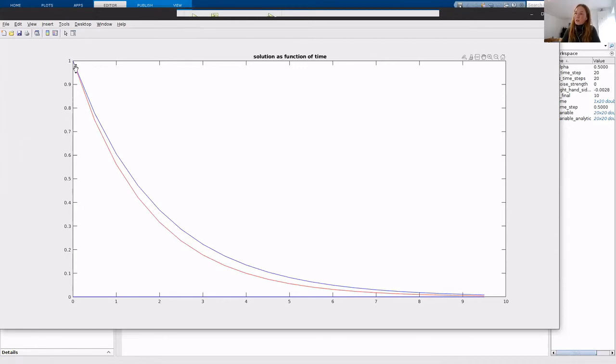It's not as smooth because this is only computed for fewer time steps, right? But now the displacement between the analytic and numeric solution is larger, right? So for this to work, we need small time steps. And the smaller the time steps, the closer I am to the actual derivative. And this is why I'm closer to the analytic solution.